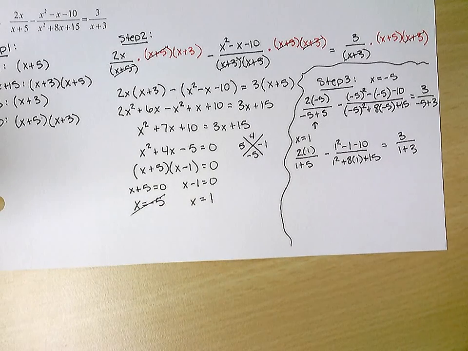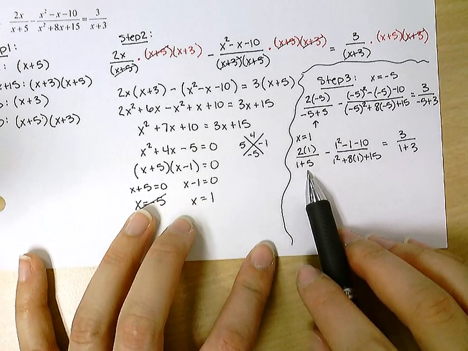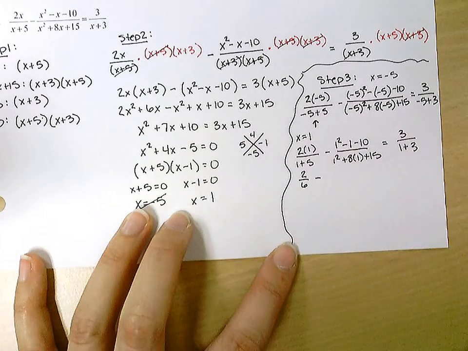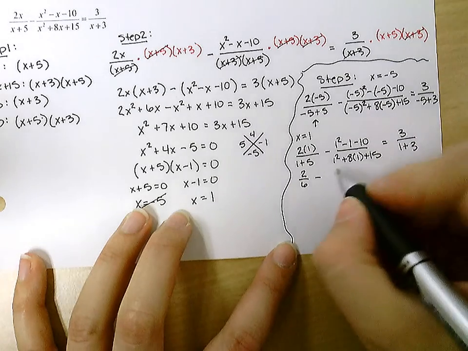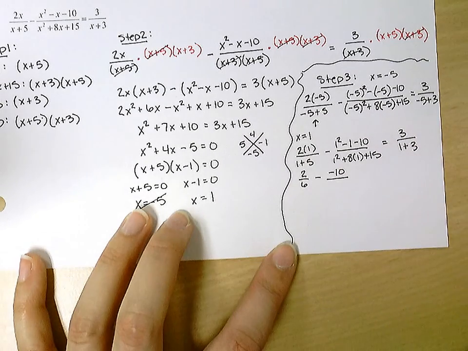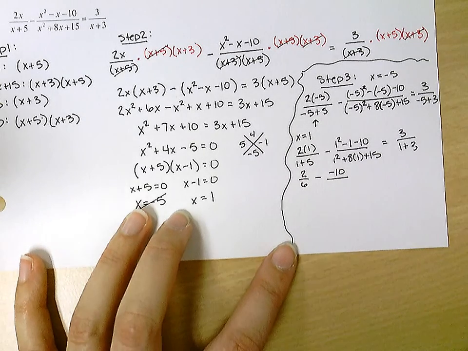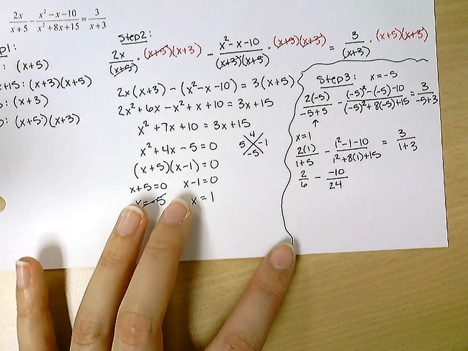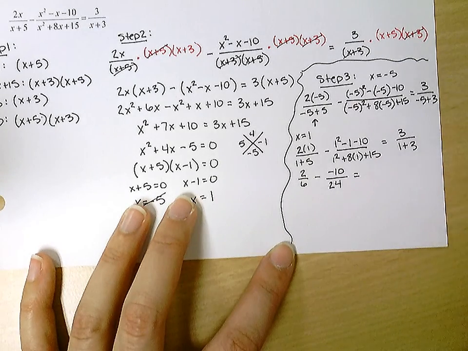So you do have to check 1 as well. Here I would end up having 2 over 6. Here I have 1 minus 1, that's 0, minus 10 is just negative 10. I have 1 plus 8, that's 9, plus 15 is 24. And then I'll have 3 over 4.